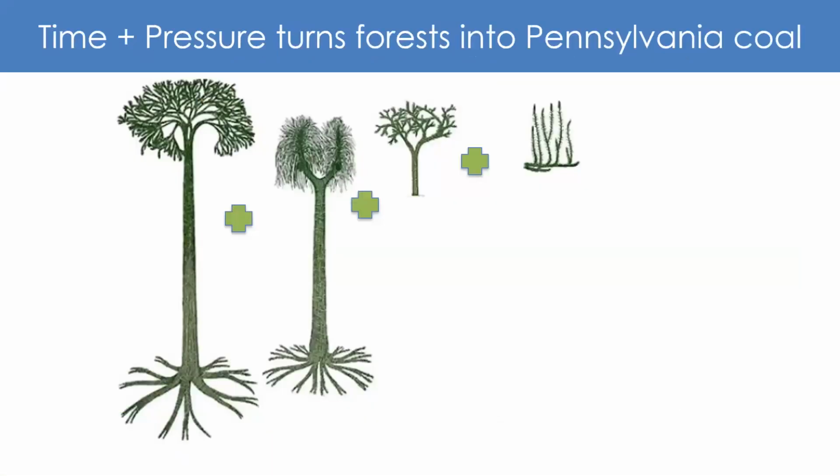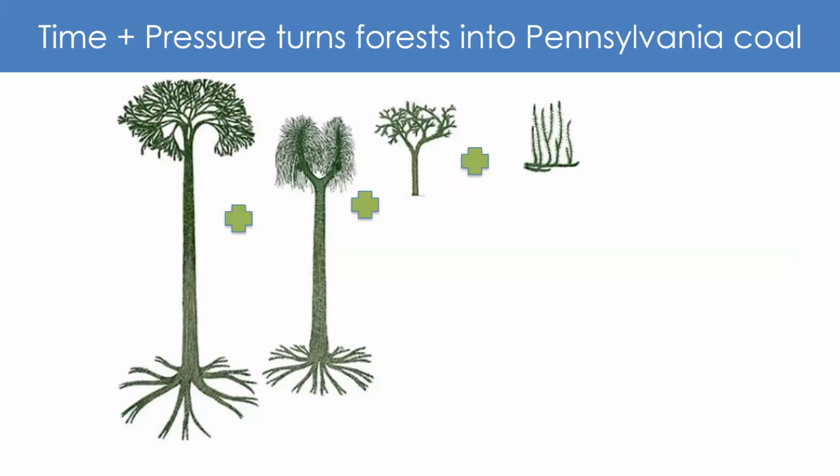We're starting to get more and more development of these rainforests that eventually they die, they get buried, and whenever you bury these vast amounts of organic matter, you end up compressing it into coal.